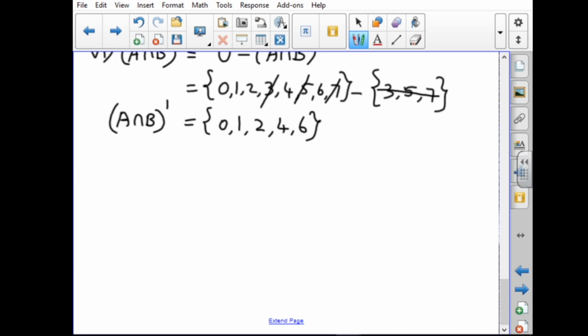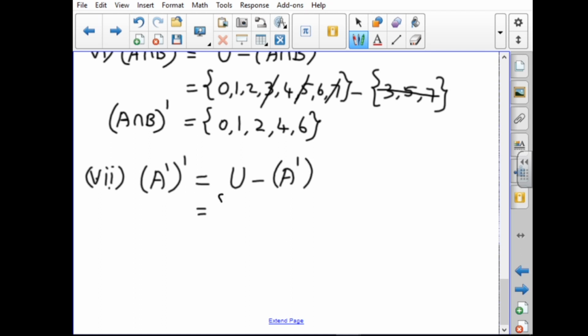Then the seventh one, A dash whole dash. We already know that this is the universal set minus A dash. The universal set is 0, 1, 2, 3, 4, 5, 6, 7, minus A dash, which is 0, 2, 4, 6.